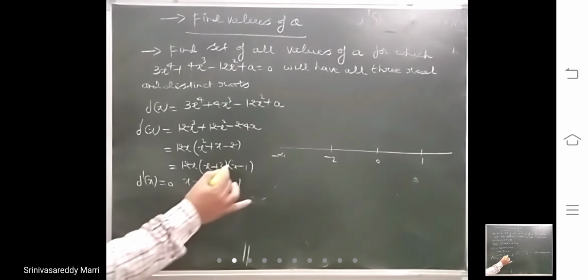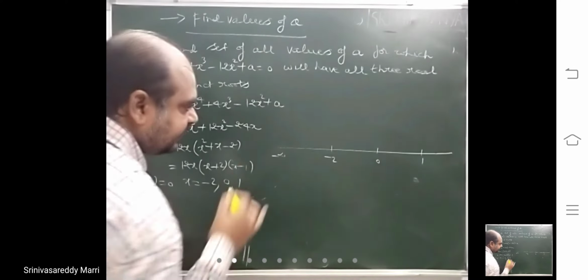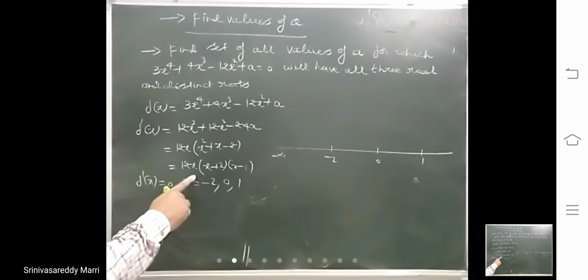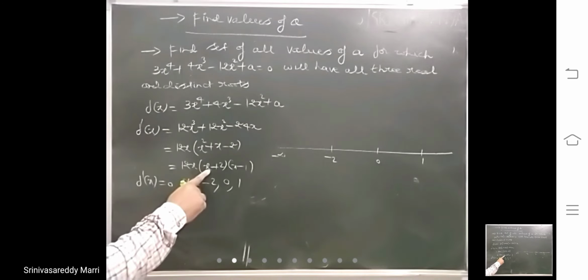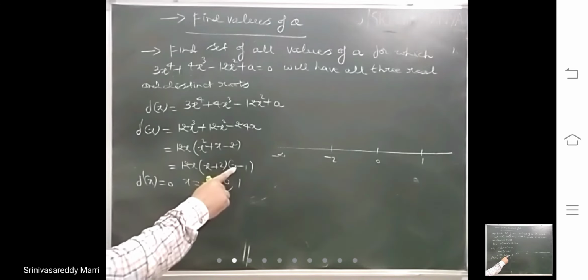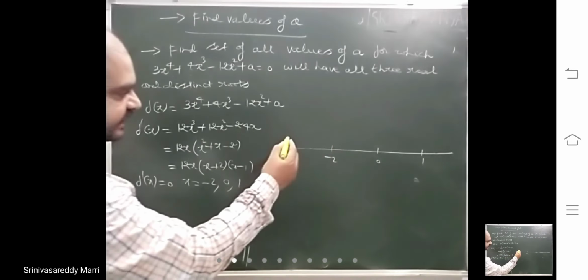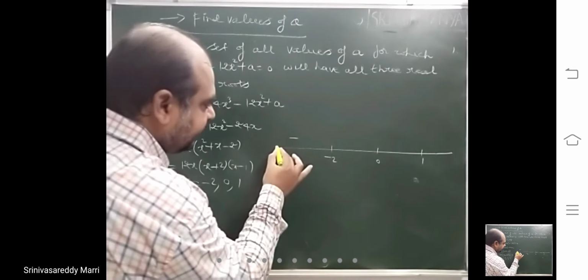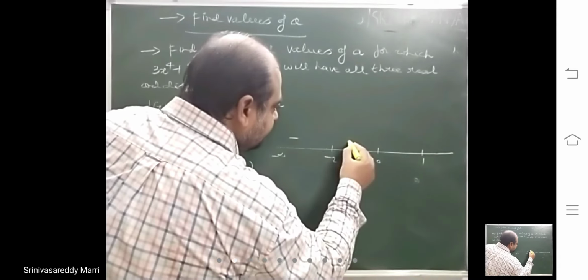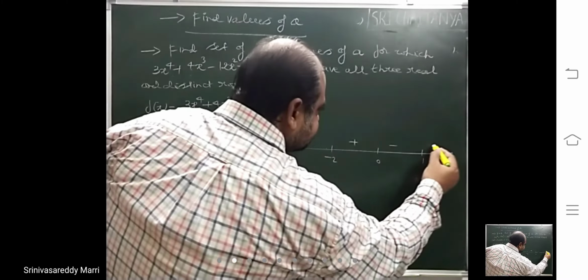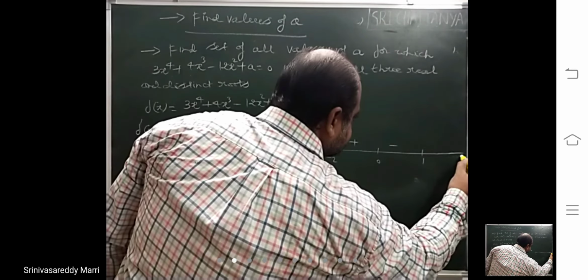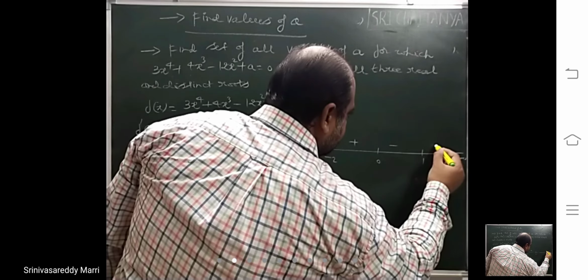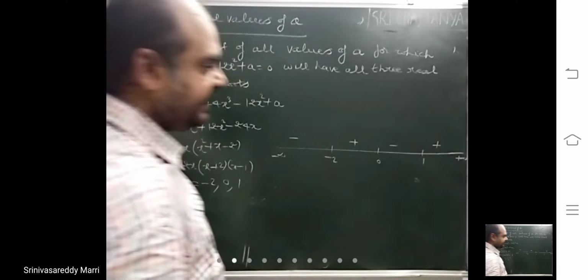Actually, in this interval, whether it is increasing or decreasing, if you substitute minus 3: minus 3 into minus 3 plus 2 into minus 3 minus 1, that is negative. Here it is decreasing, here it is increasing, here it is decreasing, and here it is increasing, right?